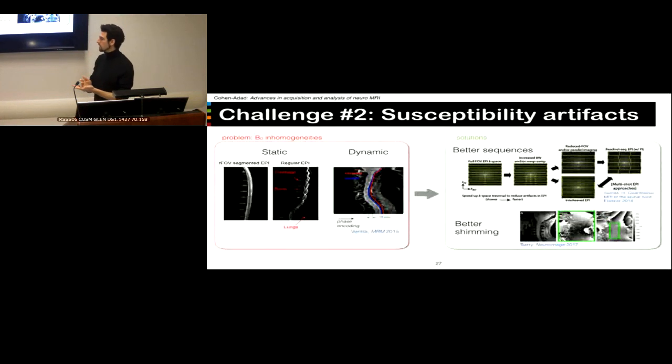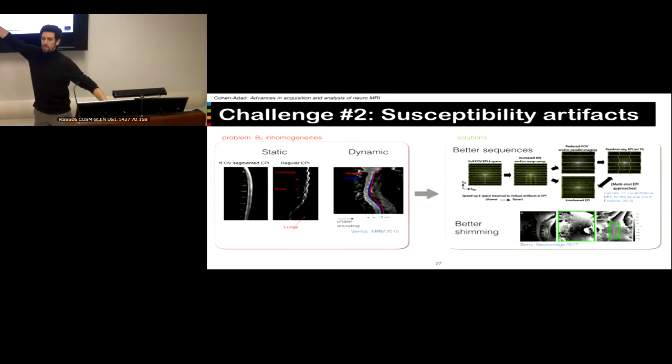Here the scanner goes bzzz, and it's trying to find a good combination of currents in the shim coils that are in the system to make the region of interest, for example this region, as homogeneous as possible. But that addresses the static homogeneity aspects.